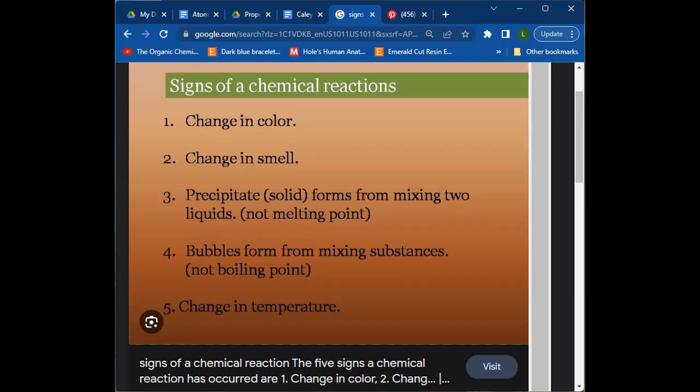Okay, and then change in temperature. That would be more like if the reaction is releasing energy and it's exothermic, then that would cause an increase in temperature. Or if the reaction is absorbing energy and it's an endothermic reaction, that could actually cause the temperature to decrease.